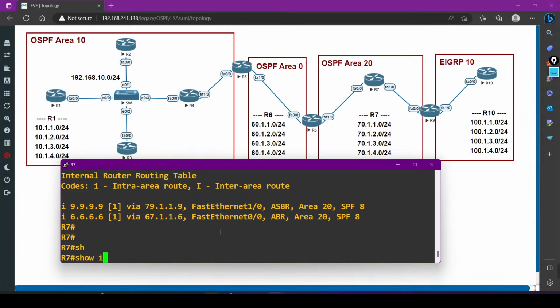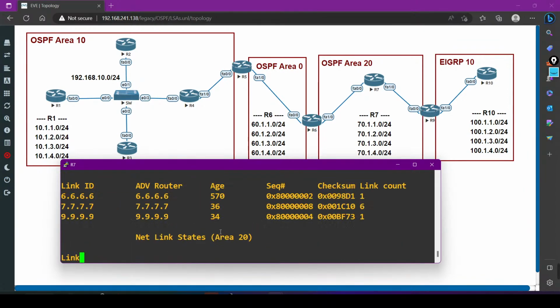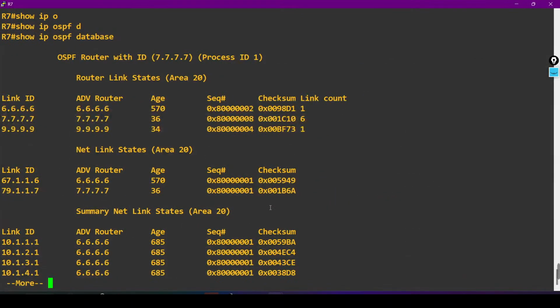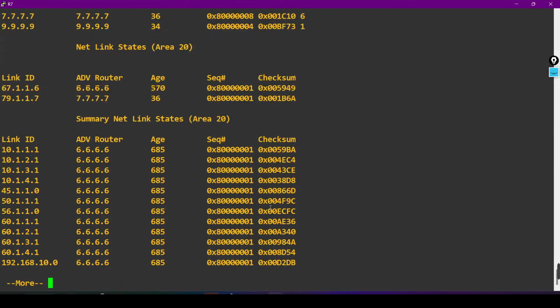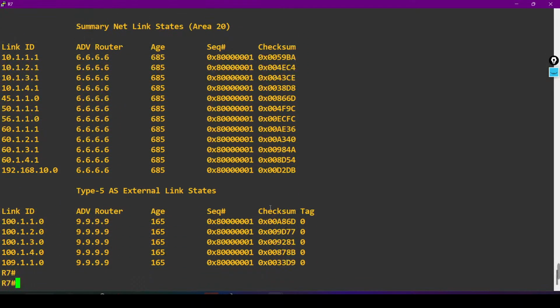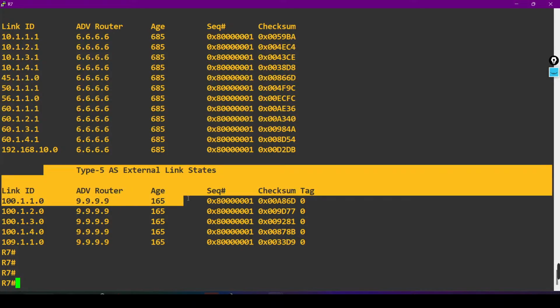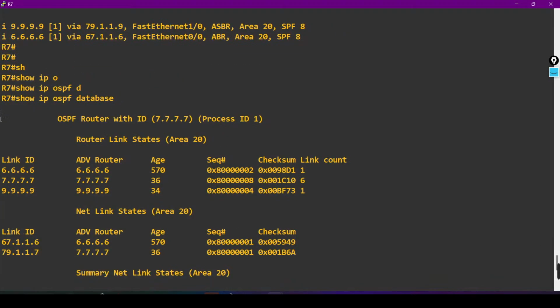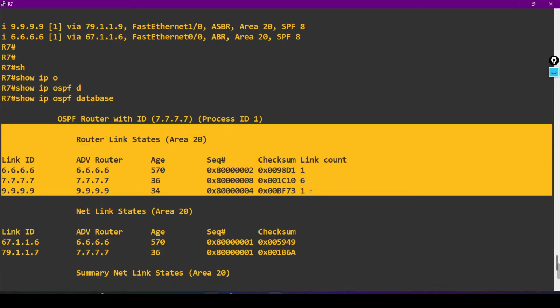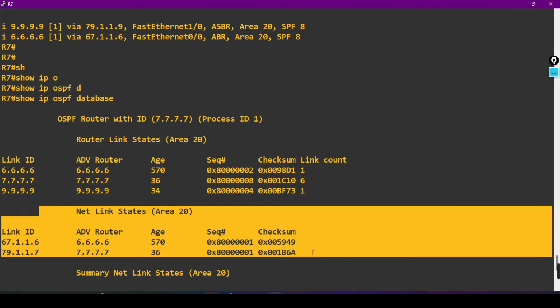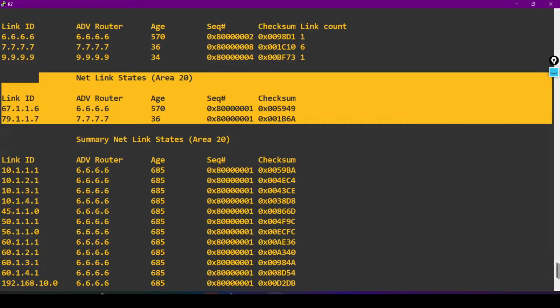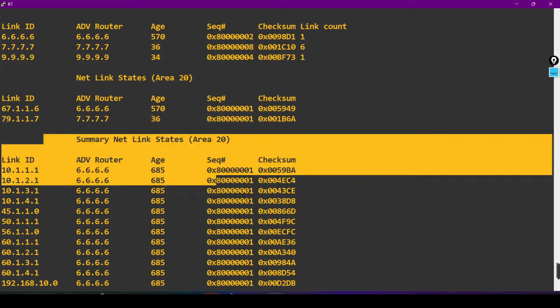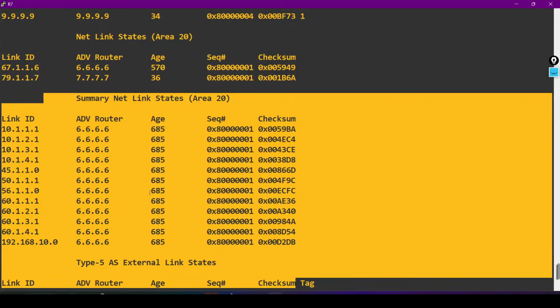Now, show ip ospf database. Okay, this is LSA 5. Don't worry about this LSA. Router LSA, network LSA, summary LSA. Who is generating this LSA?